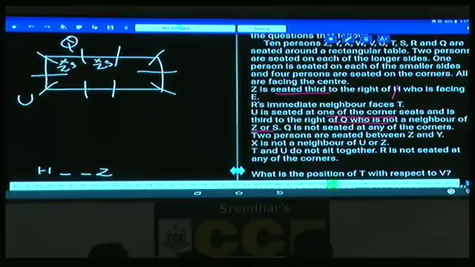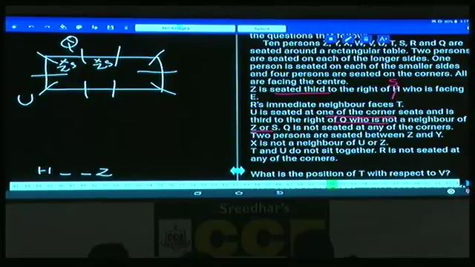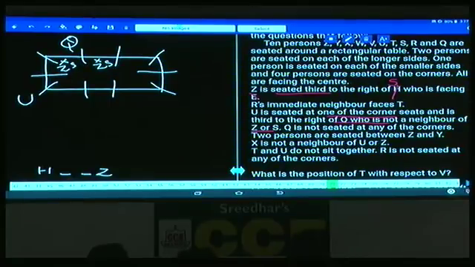Now this H is nothing but S, isn't it? And S who is facing E, E is nothing but V. Okay. Now just make a small correction in this one. Now here these 2 are not H and E, and these are nothing but S and V. Clear?